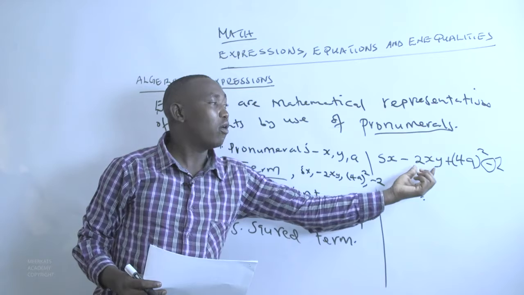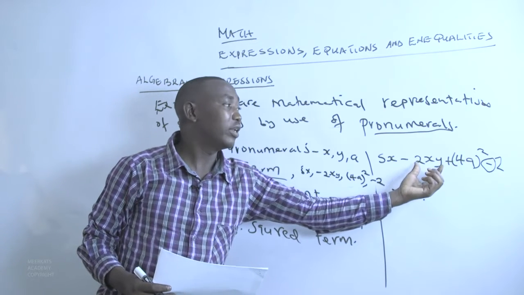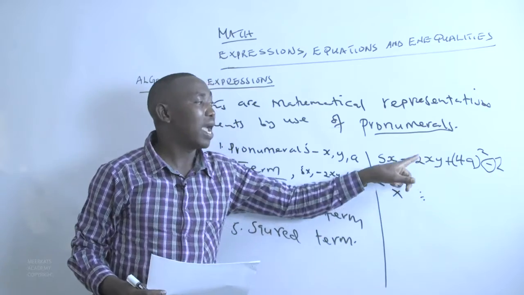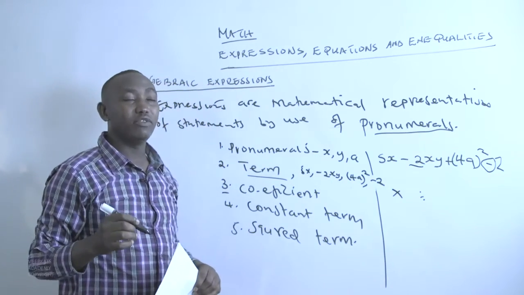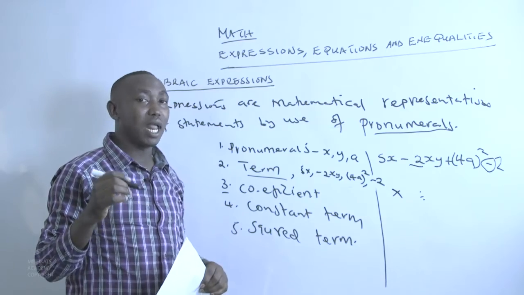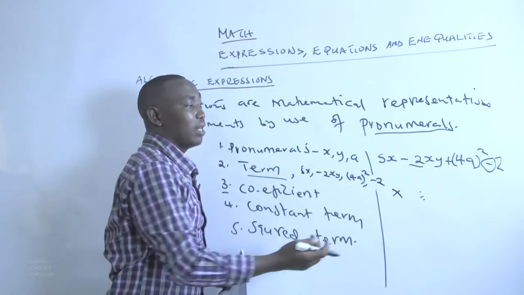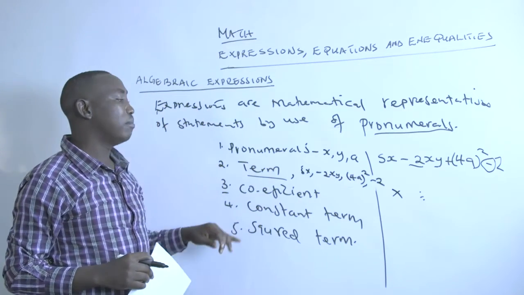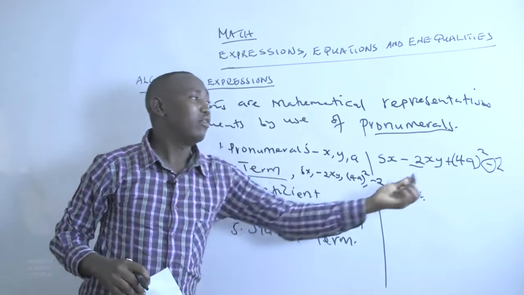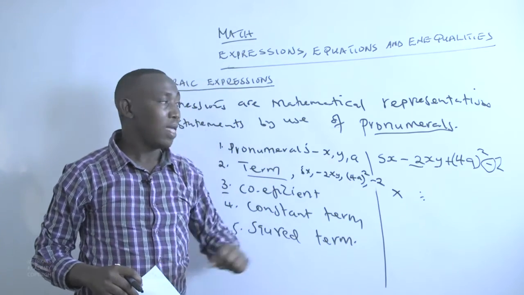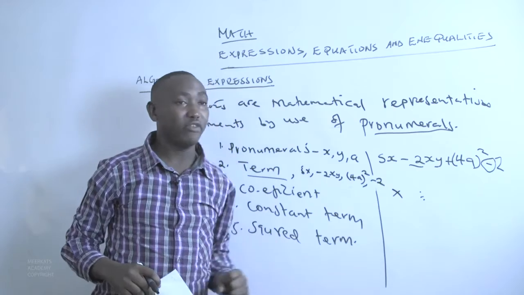The coefficient of this particular term, -2xy, is -2. And we consider the negatives or the sign before that particular number. -2 is before xy in that particular term, and therefore -2 becomes the coefficient of -2xy as a term. If you consider the term 4a, 4 is the coefficient of a, and therefore 4 becomes a coefficient.